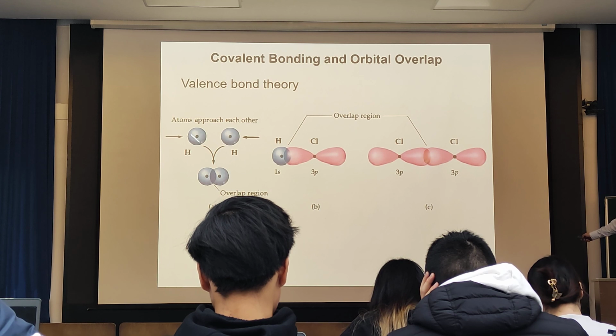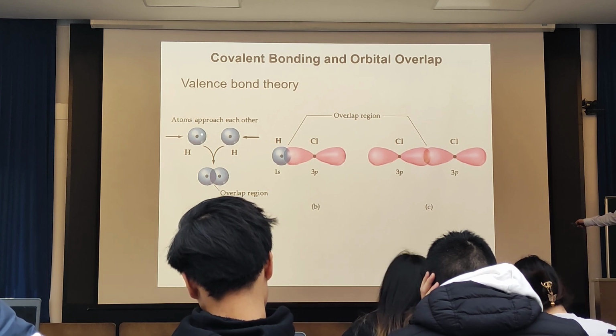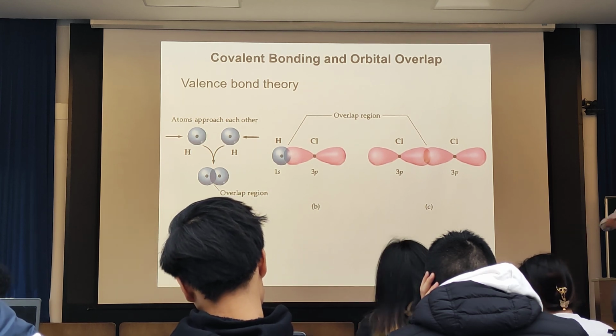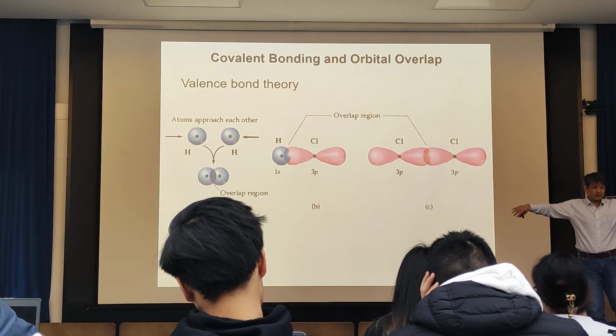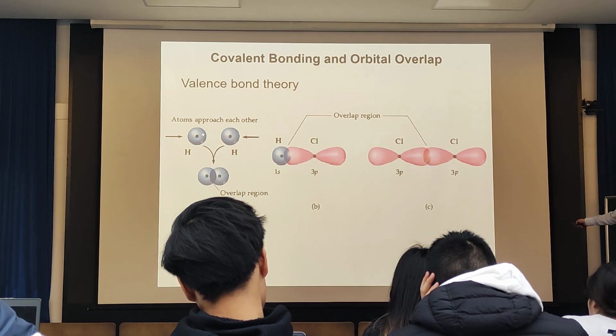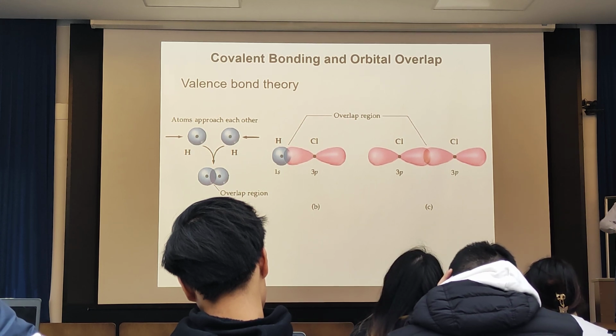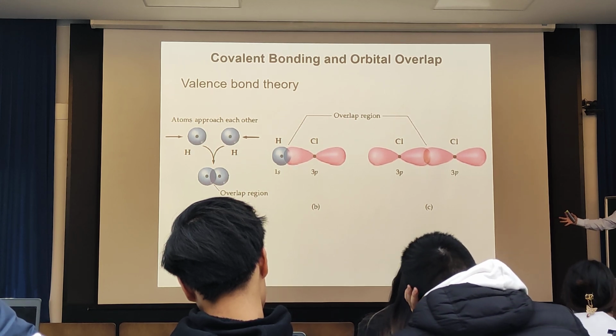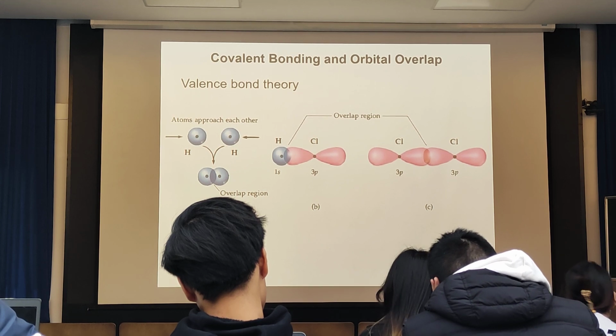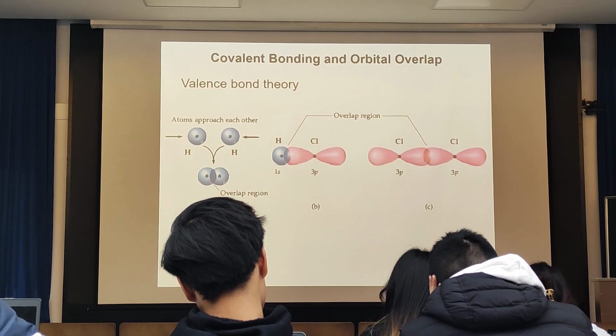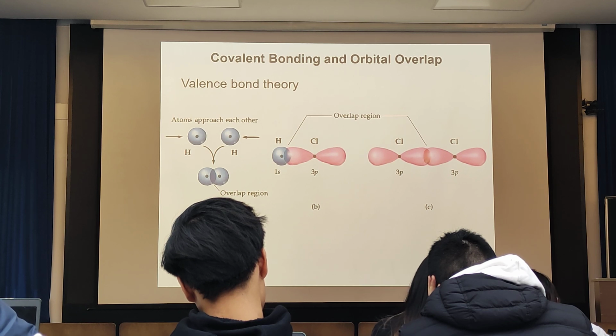So you have different interactions. Negative charges will try to repel, right? However, the electrons of this atom will be attracted by the nucleus of this atom, and the inverse. So the two atoms try to get closer, and then at one moment they will stick together, and the two orbitals will overlap.